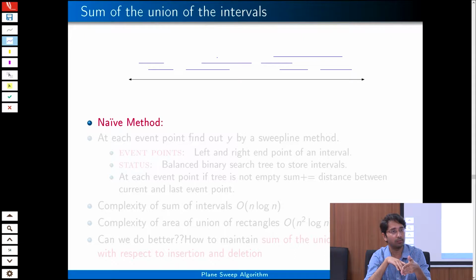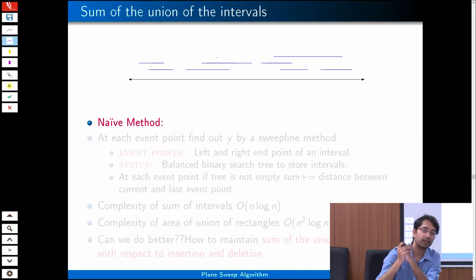My current problem is, I have a set of intervals and I would like to find out the length of the union of these intervals. How can I do that? Yes.